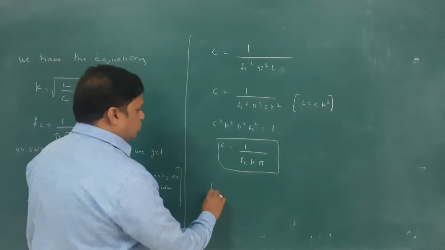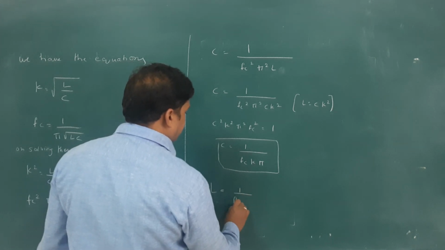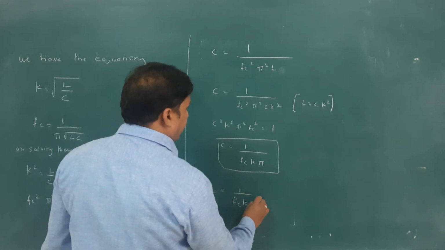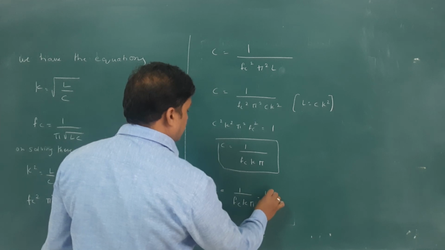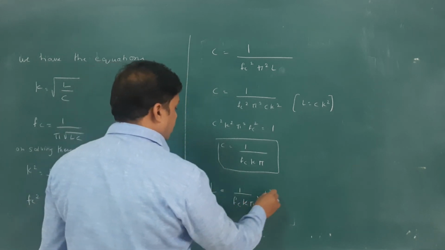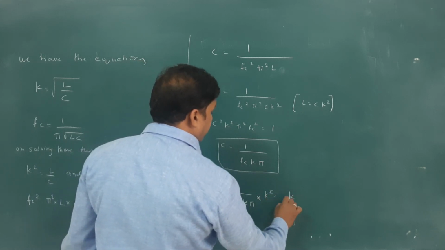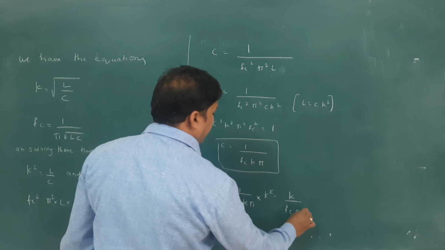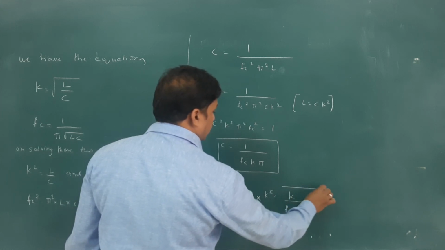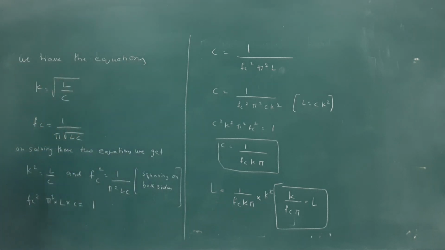L is equal to Ck square, so 1 by fc K pi into K square. If you cancel it here, it comes K by fc pi is equal to L. So this is one more value of L: L is equal to K by fc pi.